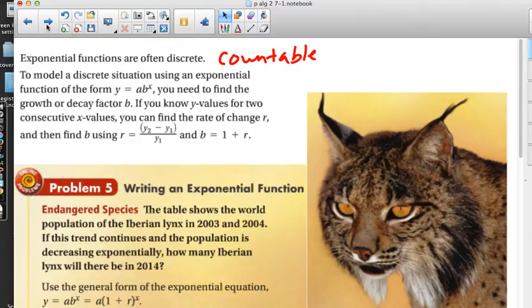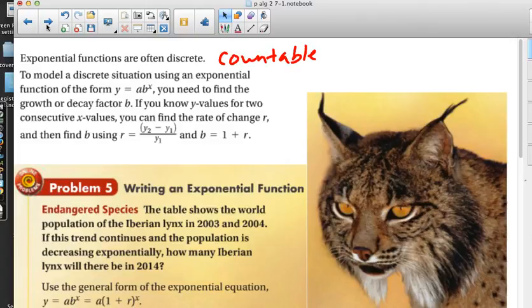So to model a discrete situation using an exponential function in the form we have, y equals a times b to the x, we have to figure out a growth or decay factor. If we know y values for 2 consecutive x values, you can find the rate of change and then find b using this formula. Rate of change is just slope.